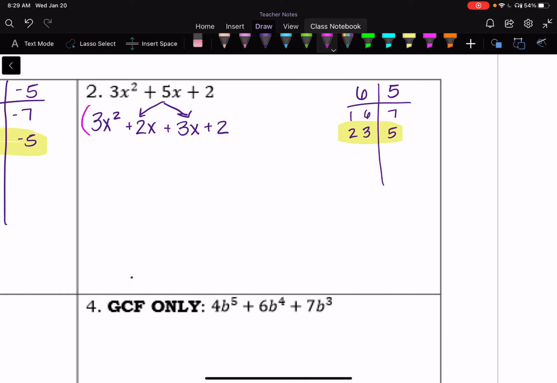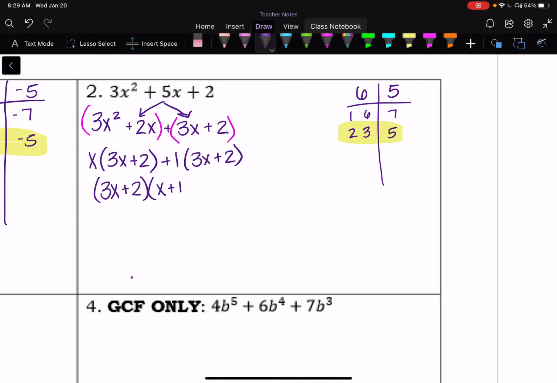Then we will group them. And remember, I can automatically group it here because there's a plus sign in the middle. Now take my GCF and another GCF. And that's my final answer.